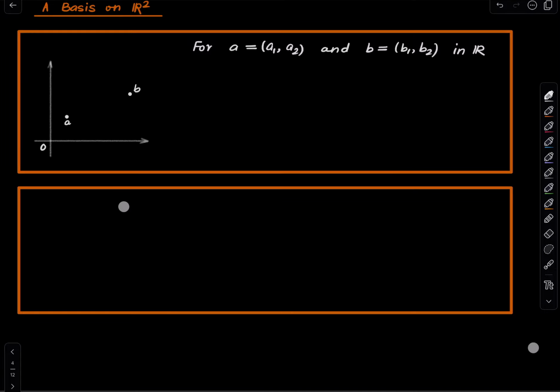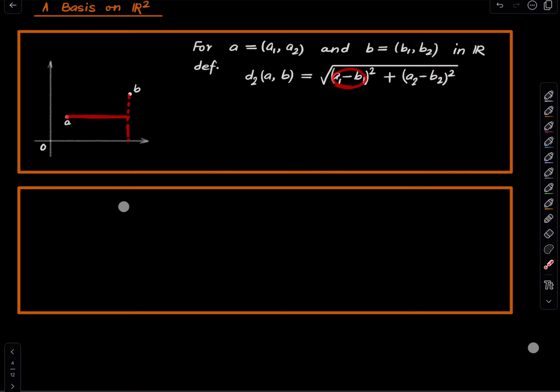we define the Euclidean distance between them as this quantity. Well, we already know what is the motivation behind this. The absolute value of A1 minus B1 is this length.